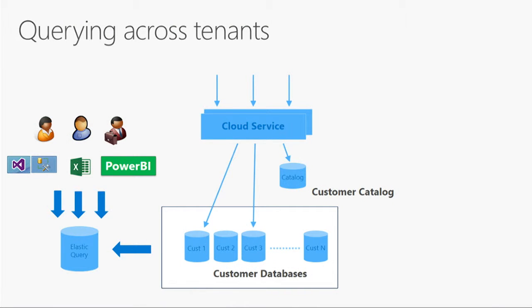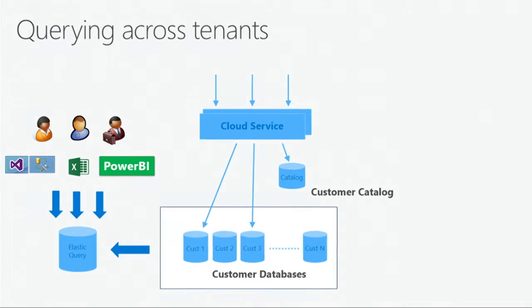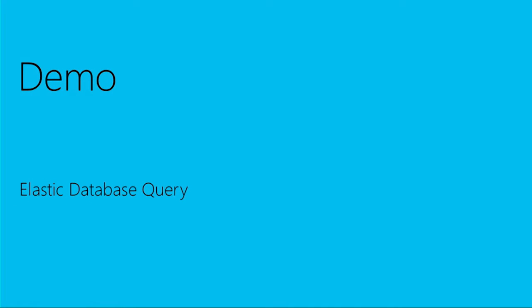It gives you the ability to connect into a single endpoint, a single SQLDB database, and register essentially the tables that you have spread across your data tier in the pool, register them in a logical view that gives you an insight and single system view across all of the databases that you have in your pool or in your data tier. Let me show you that at work in a demo.